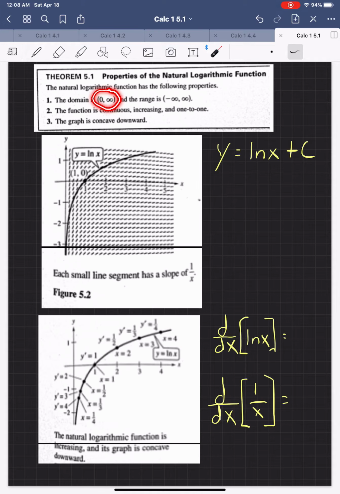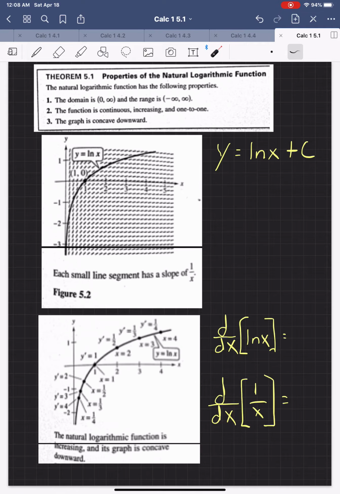The range, meaning looking at the y values, is going to go from -infinity, and this is going to continue to climb to +infinity. And that makes sense if you compare it to the exponential function, which, if you recall, would swap. The domain and the range would swap.